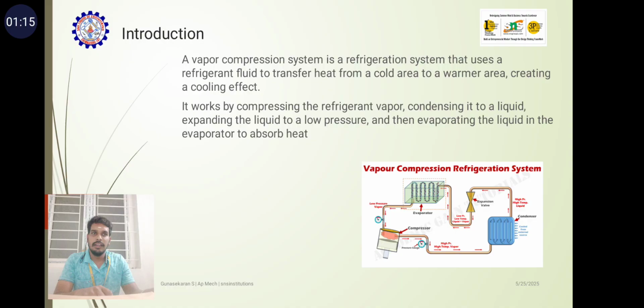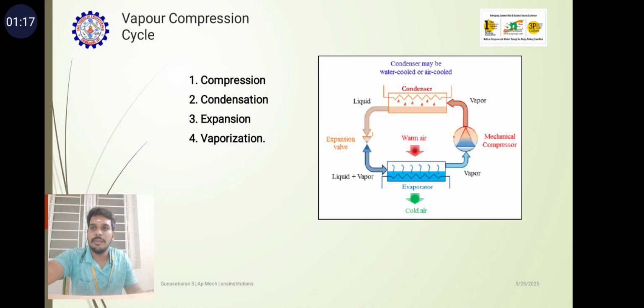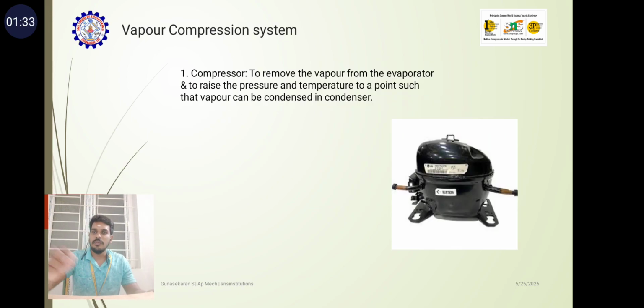First of all, we are seeing the four important processes of the vapor compression cycle: compression, condensation, expansion, and finally evaporation. First we are seeing the compressor.